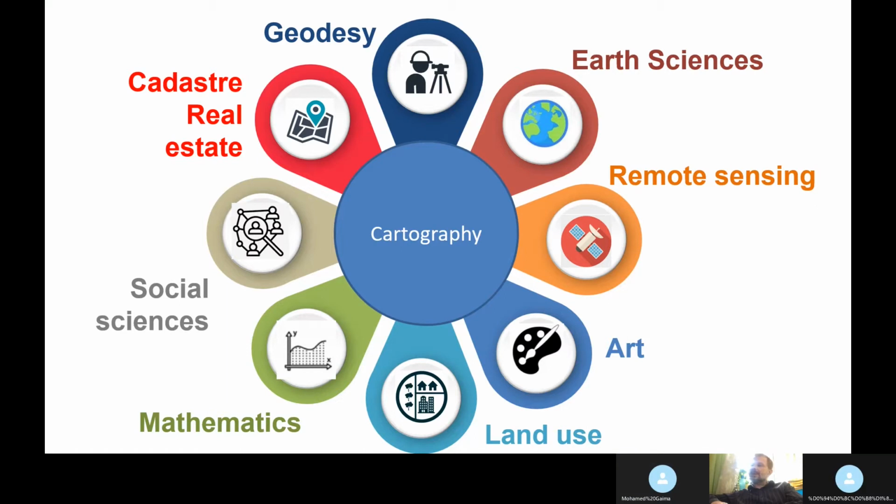And every map, of course, gives us not only scientific data, but also an image of territory.